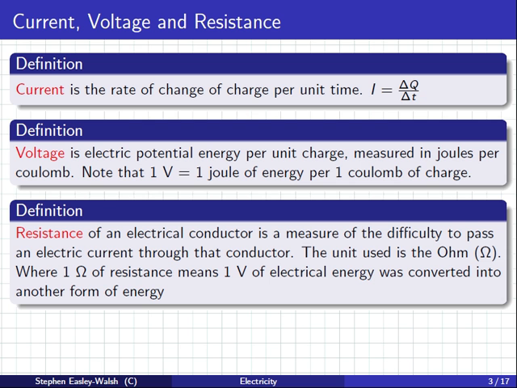So for example, imagine your coulomb can do 10 joules of work, and then it passes through a resistance and it comes out, and now it can only do 9 joules of work. Then we say that there was an ohm of resistance.